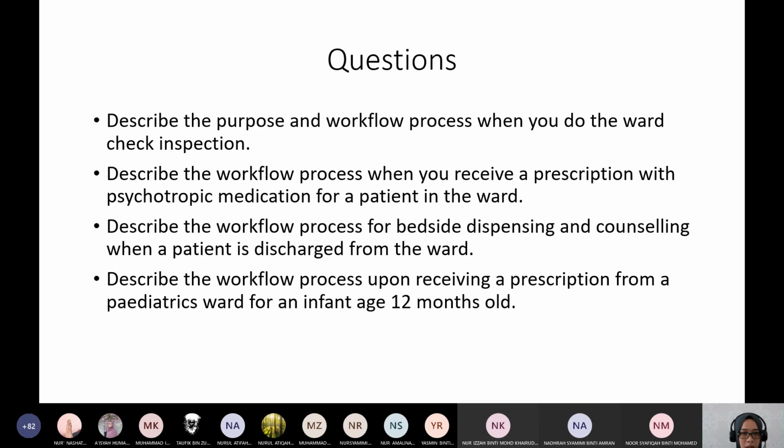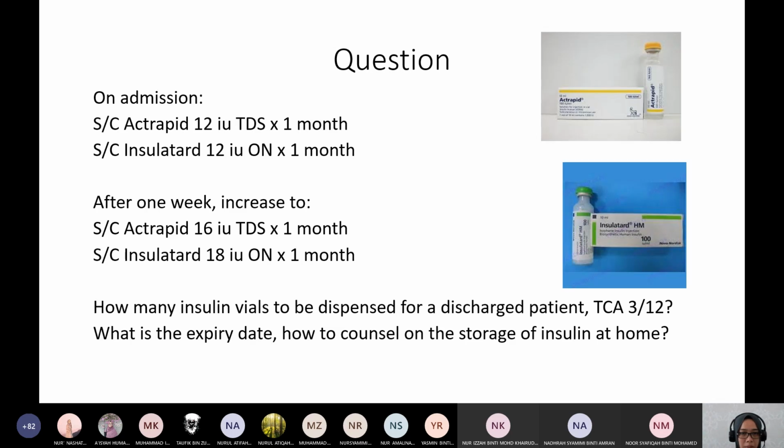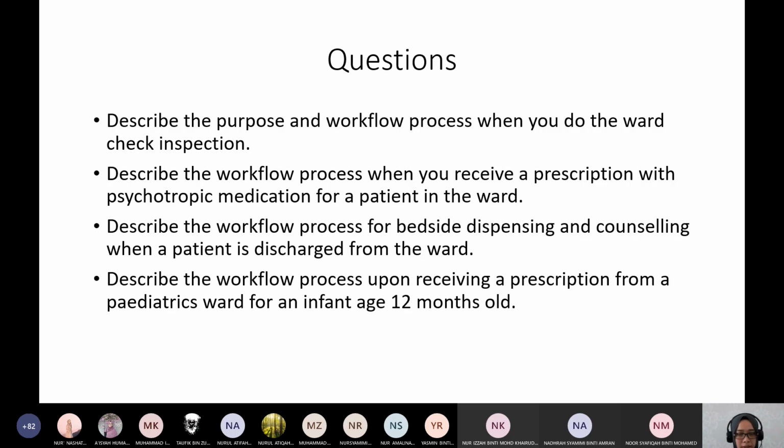Okay, so ward check inspection. What's the purpose of ward check inspection? We want to see the documentation, the expiry date of the drug. Where? In the floor stock, and for DD, PSY also.